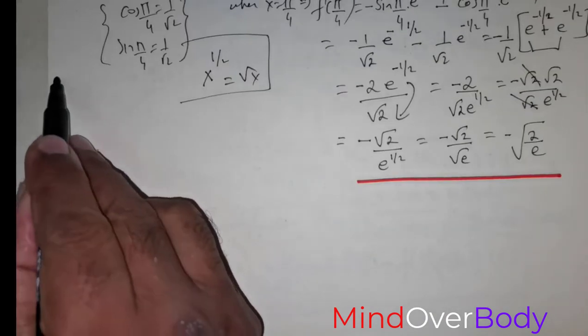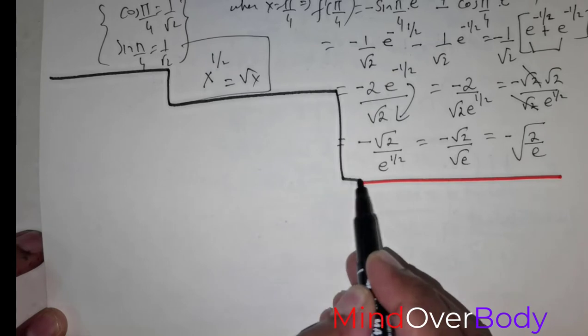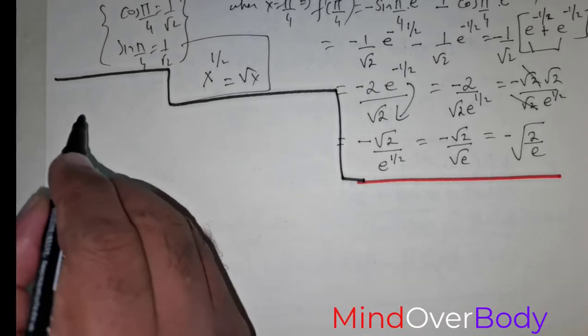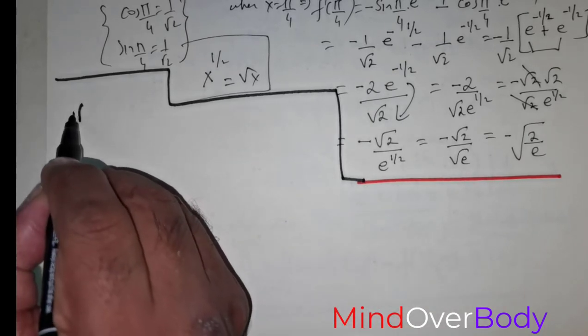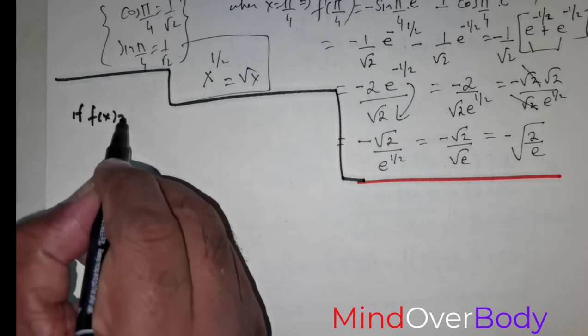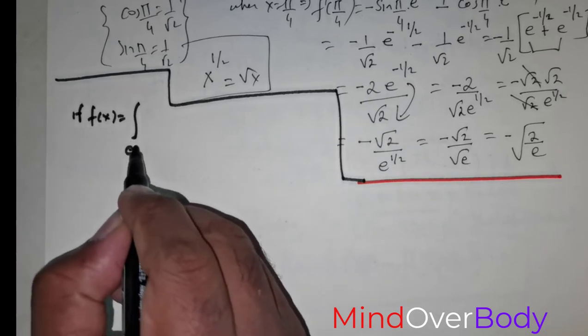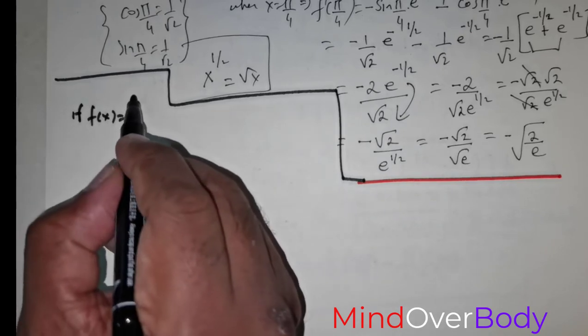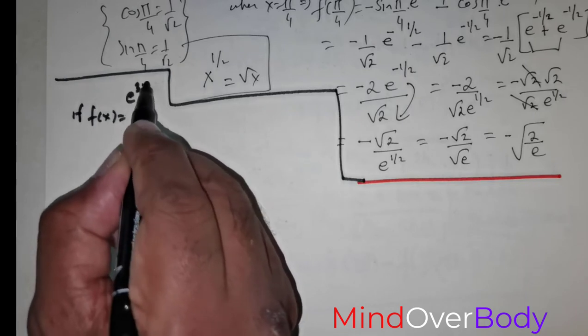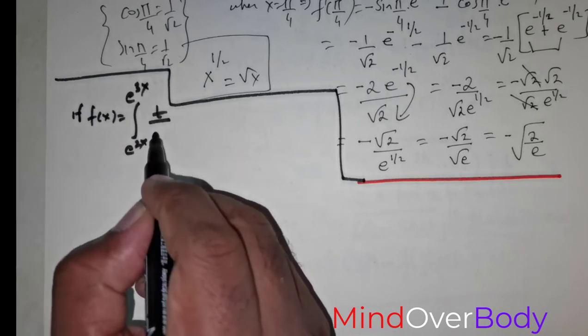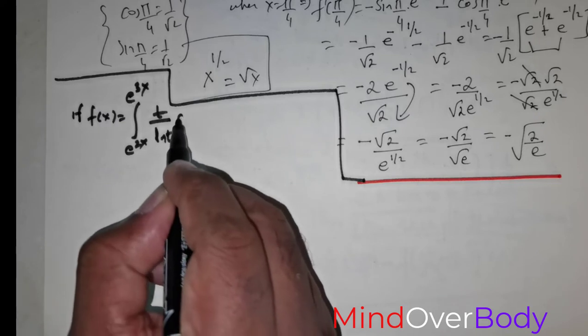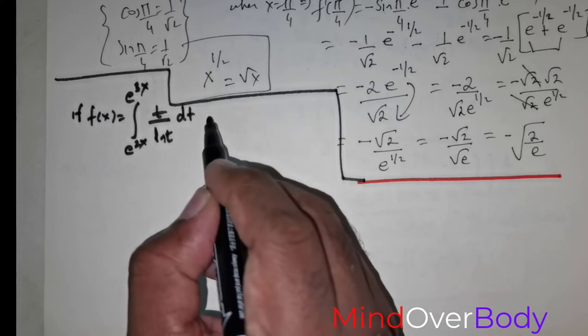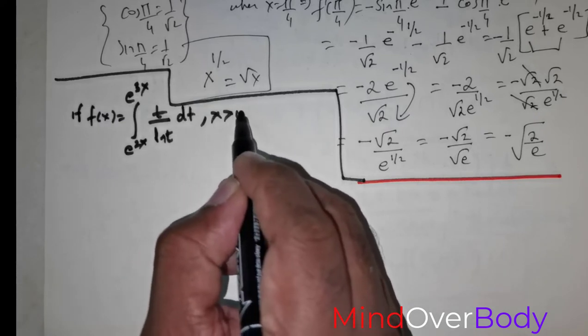Students, let us move on to do this question. We've been given that f of x is equal to the integral from e raised to the power of 2x to e raised to the power of 3x of t over ln t times dt, and x is greater than 0.